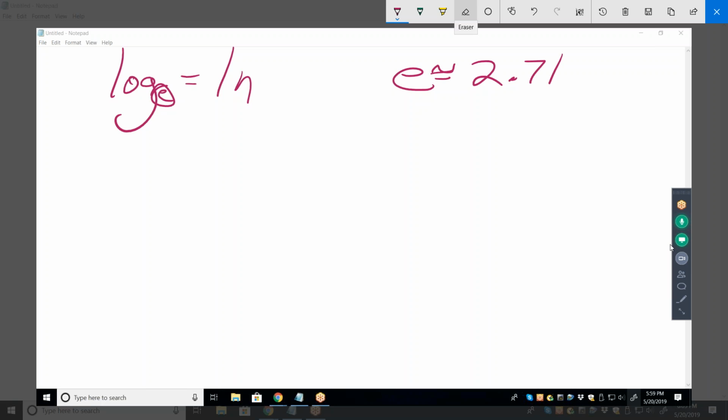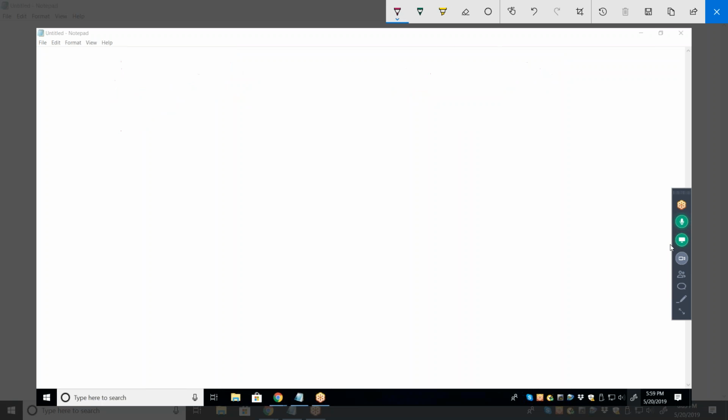Okay. So let's solve it: natural log of 6.9. Is it an equation or an expression? It says to use a calculator. Okay, that's a big part of it.